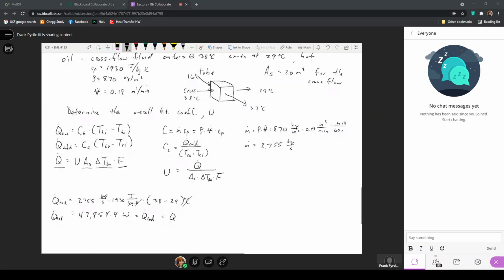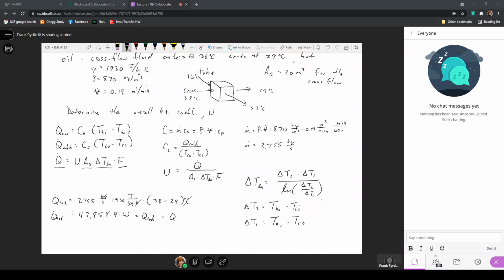Well, the log mean temperature difference, again, is delta T2 minus delta T1 over the natural log of delta T2 over delta T1. Now here, if this is a counterflow double pipe heat exchanger, delta T2 will be the hot outlet temperature minus the cold inlet temperature, and delta T1 will be the hot inlet minus the cold outlet.